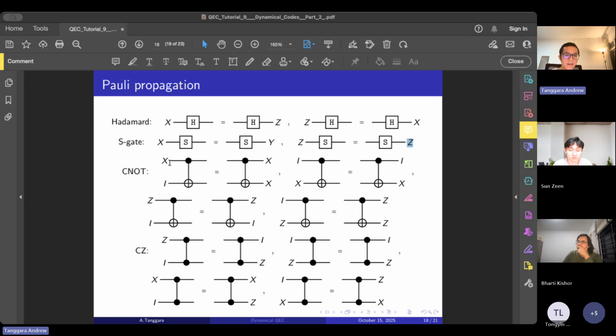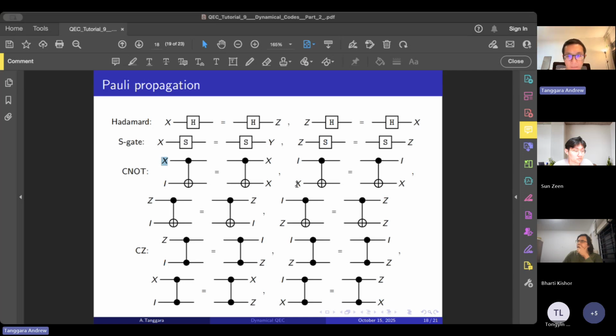So for CNOT, if I put X on the top, on the control register, I'm gonna get XX, and that could be bad in a circuit because now this one error is equivalent to two errors on the other side of the CNOT.